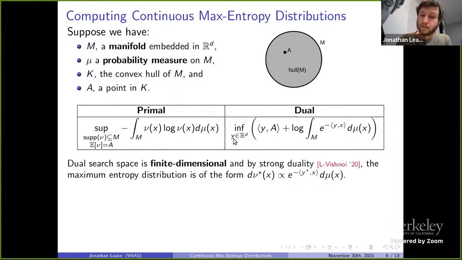As soon as we get this solution y, it also tells us exactly what the maximum entropy distribution is. This generalizes the fact we saw in the discrete case: these maximum entropy distributions, even in this more general case of measures on manifolds, are always given by this log linear density with respect to the measure we started with.